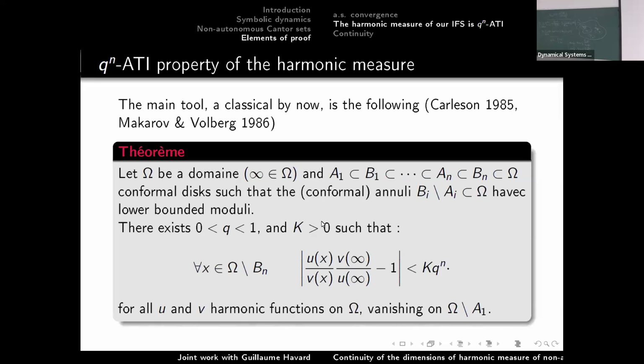It says that whenever you have two positive harmonic functions in a system with annuli, which is our case here, when you go down the annuli, the functions are supposed to be zero outside the first, smallest disk.